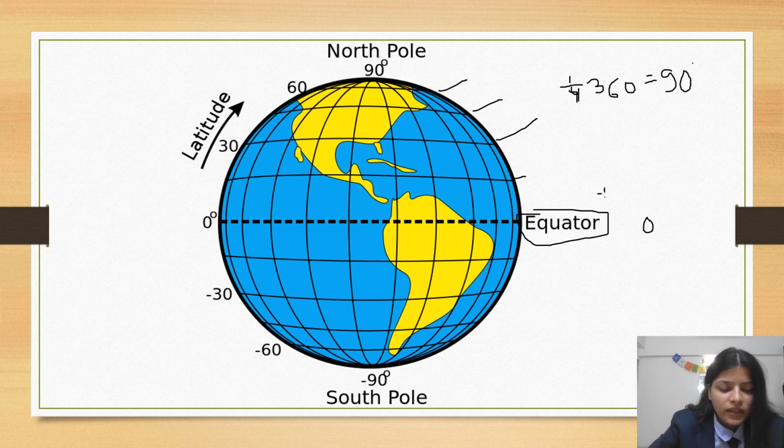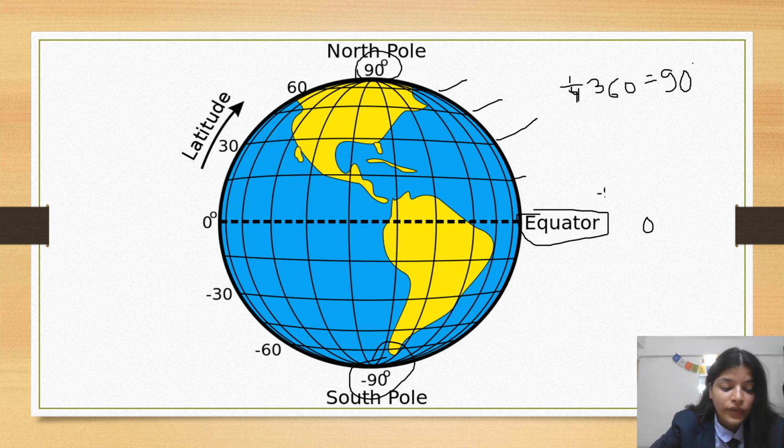So therefore it will measure 90 degrees. 90 degree north latitude marks the North Pole and the 90 degree south marks the South Pole. And all the parallels north of the equator will be called north latitude. Similarly, all the parallels south of the equator are called south latitude.